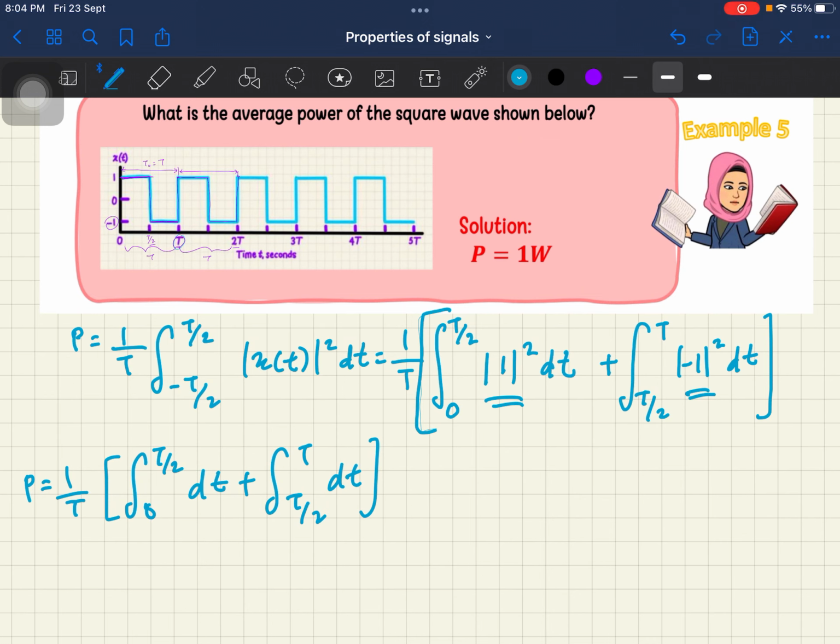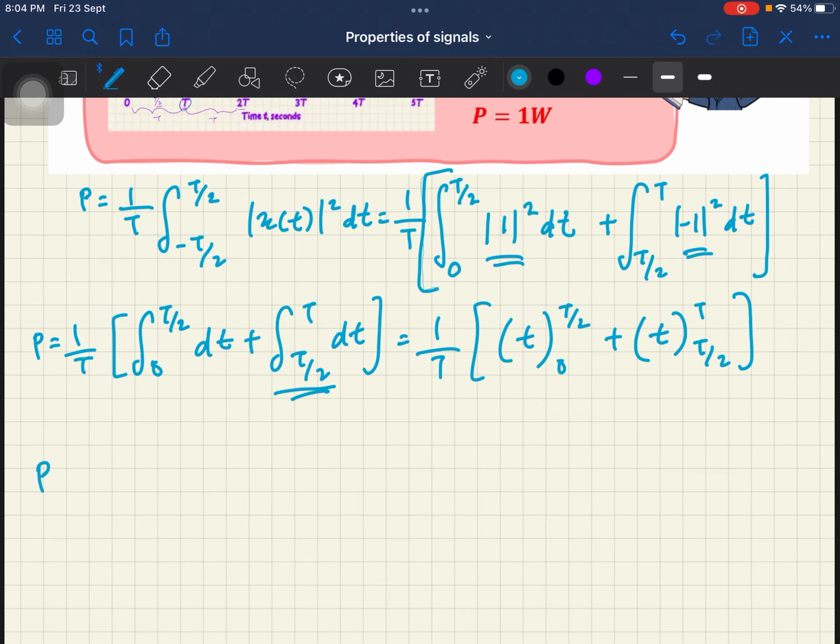Now let's integrate. 1 over T, if we integrate this, we get t from 0 until T over 2, plus we integrate this part, again we get t from T over 2 until T. So P equals 1 over T. Now we substitute the limits, so we get T over 2 minus 0 plus T minus T over 2.